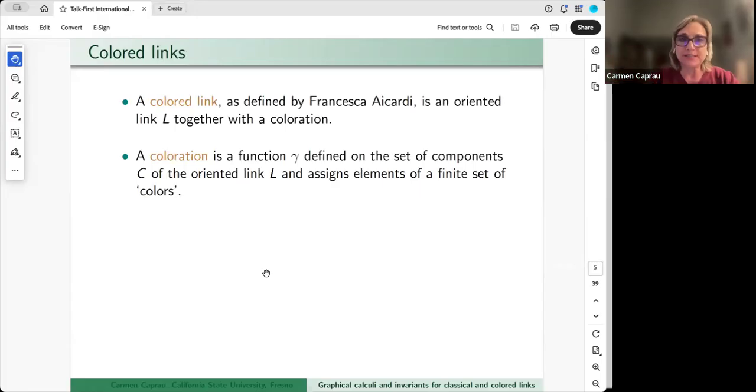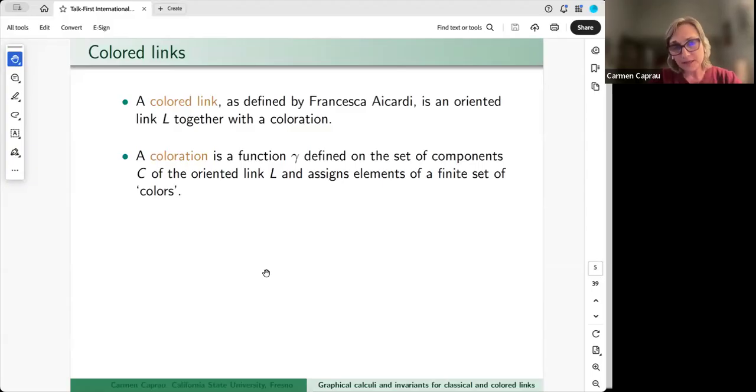Now I will switch to the research that I have done with my former students, Audrey Baumheckel and Connor Righetti. That research is related to so-called colored links, and these links were named as such by Francesca Aicardi.